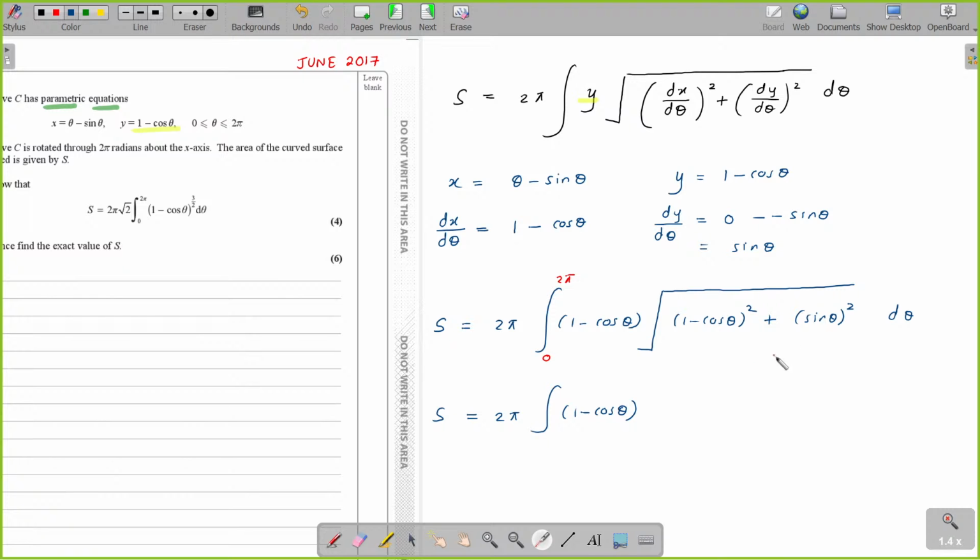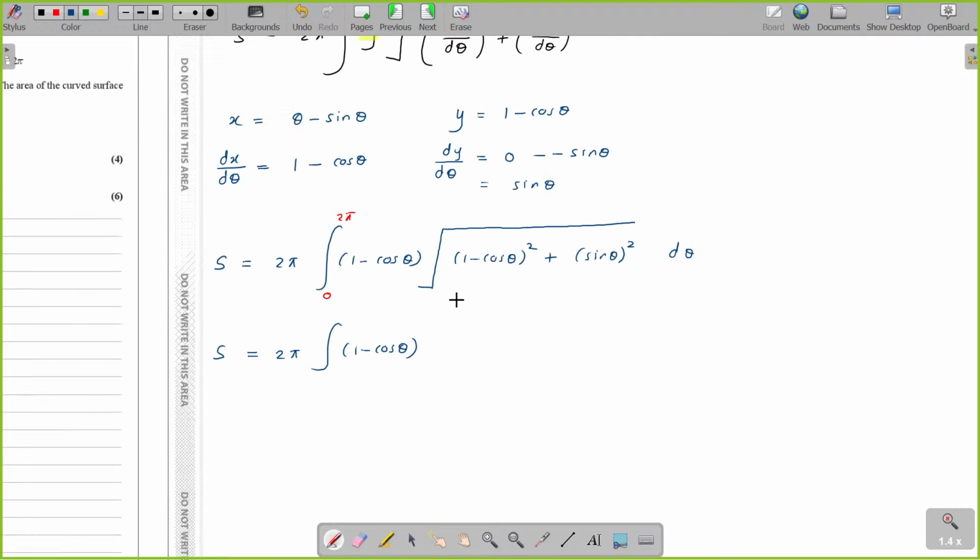So we'll try to do something about the sine square theta. Sine square is 1 minus cos square theta. Actually, even if we go like this, we are going to get stuck. I think we'll have to open the bracket. No, it doesn't work. We'll open this bracket and then things might simplify. Let's open the bracket. 1 minus cos theta square is going to be 1.